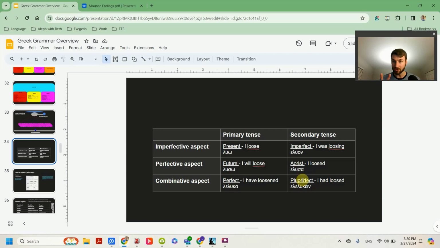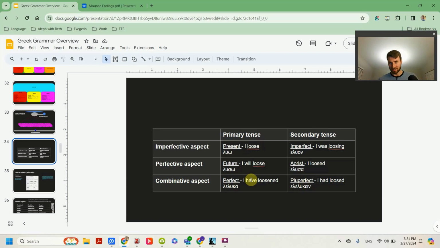And there are 2 because there is a primary tense and a secondary tense. Roughly, secondary tenses are a past tense form, and the primary is a non-past tense form. So secondary is past tense, primary is non-past.